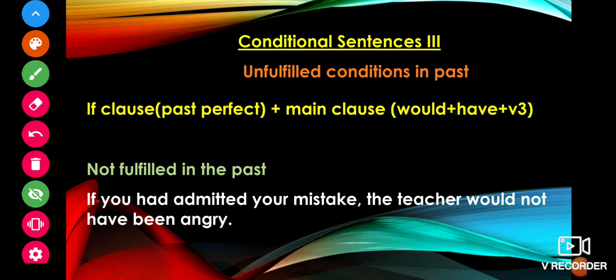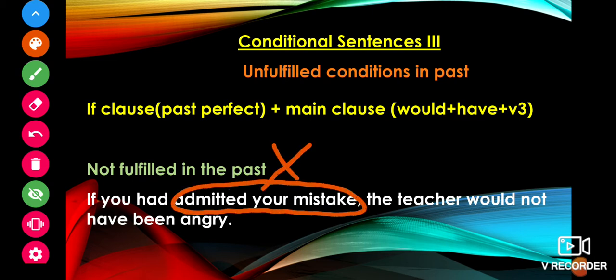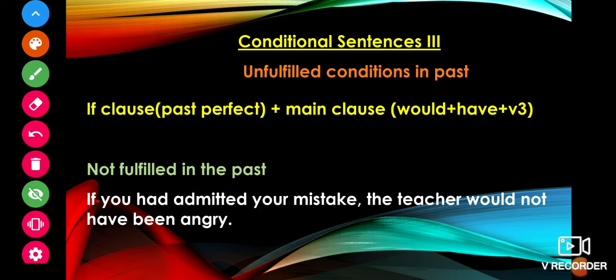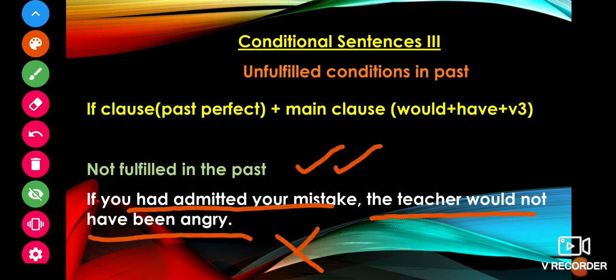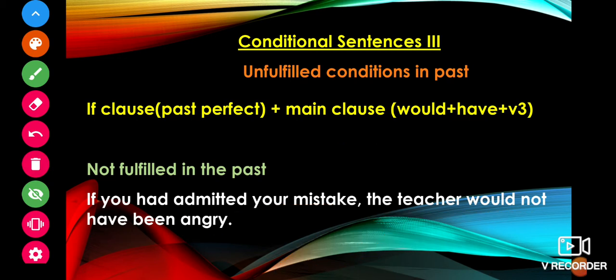That means it was in the past that we have not admitted our mistake and the teacher has also scolded us. So here we are saying that if we had fulfilled this condition, this result would not have arisen. That means if we would have accepted our mistake, the teacher would not have been angry.